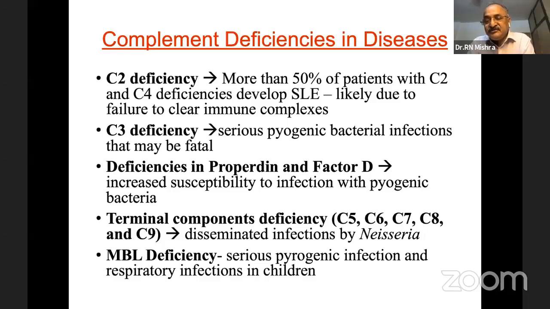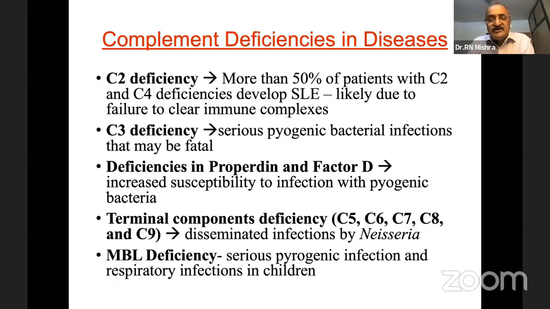C2 and C4 deficiencies, that means deficiency of the early pathways, they can have SLE-like features in a child or in an infant. They have usually malar rash, the C4 deficiency. C2 deficiency, the disease is so severe that they probably die in utero. And C3 deficiency leads to serious pyogenic infection, and I don't think with C3 deficiency they are able to survive.